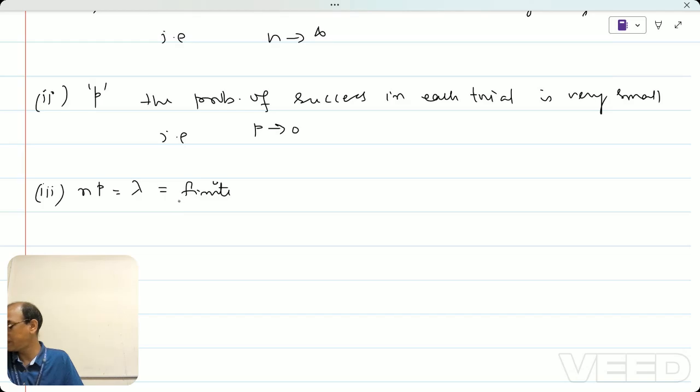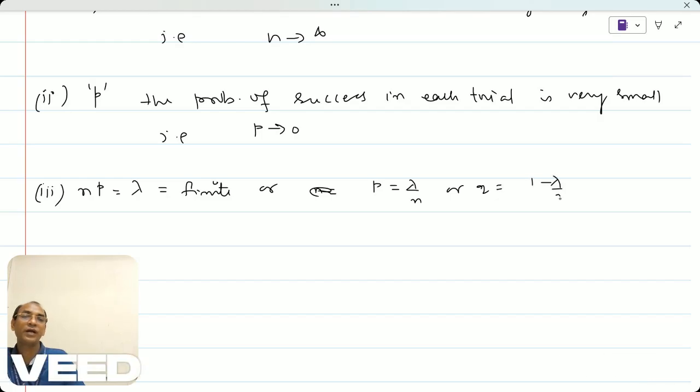From here we can have p equal to lambda by n, or q equal to 1 minus lambda by n. So under these three conditions, we can derive a Poisson distribution from the binomial distribution.